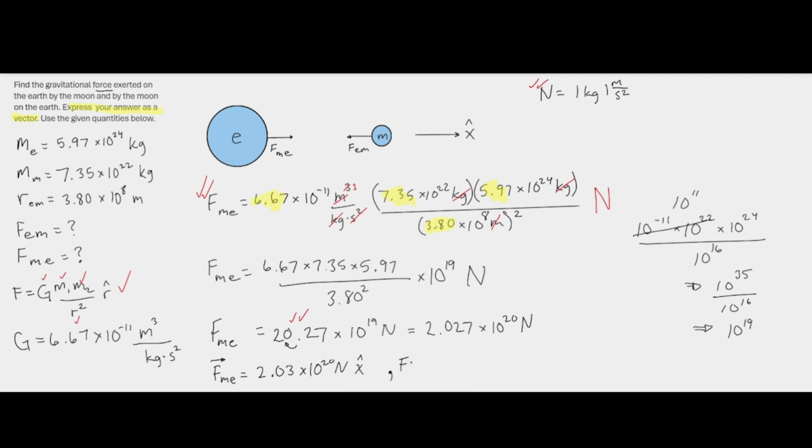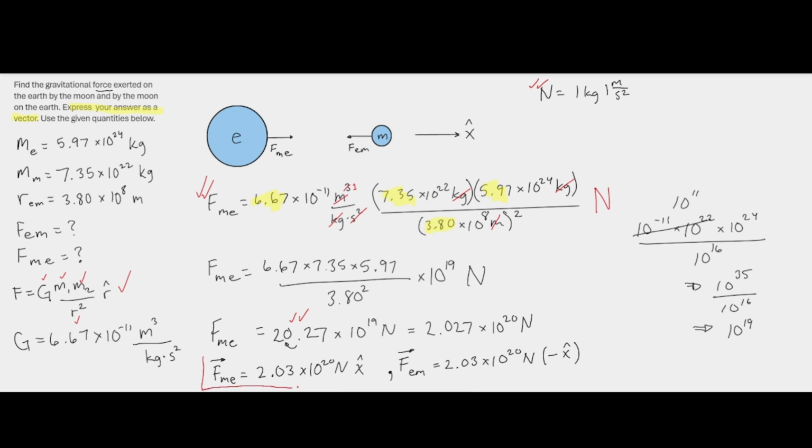So the force of the earth on the moon vector is the same magnitude, rounded to 2 decimal places, times 10 to the 20th newtons, pointing in the negative x hat direction. And those are our 2 forces. Again, this is a Newton's third law pair, so it's an equal and opposite force.